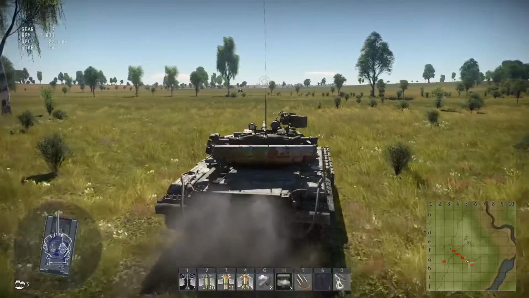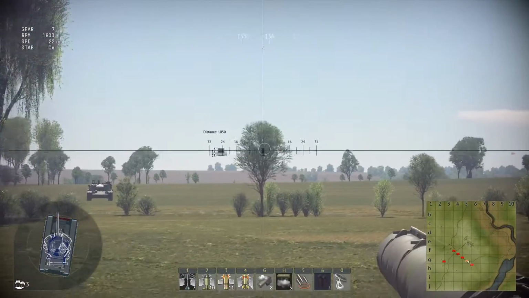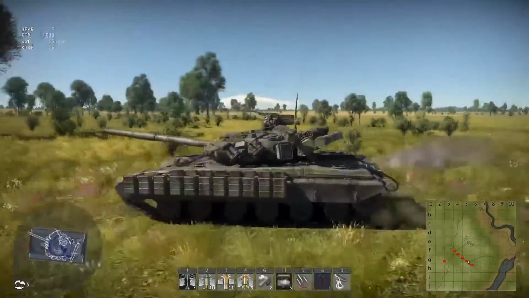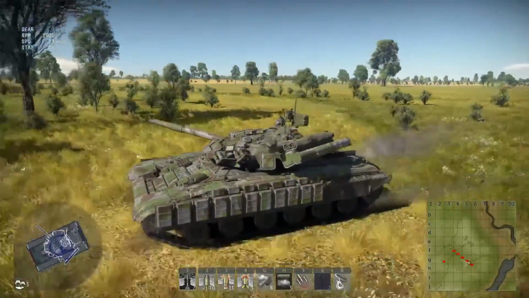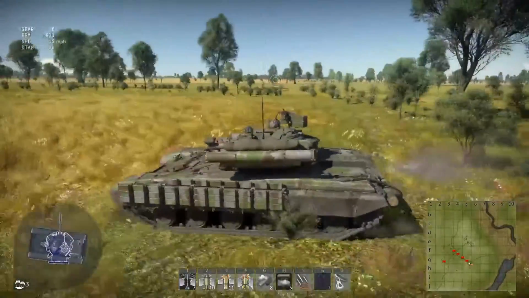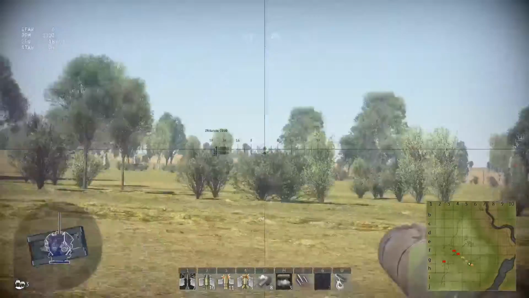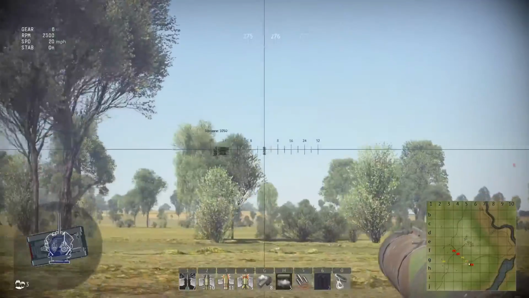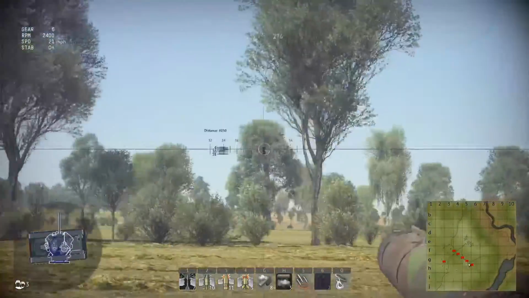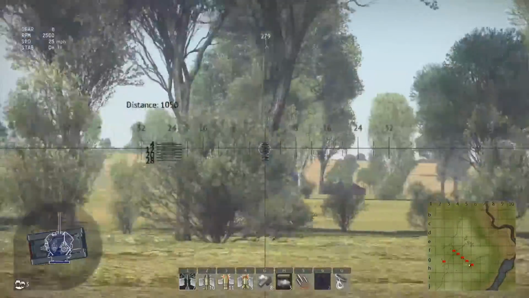So regardless of the zoom of the sight, the spacing between these lines will always be the same for a target at a given range. If you're 500 meters away from something that fills up one of these marks, then 500 meters away in any other tank in the game, you will see that target filling one mark as well.